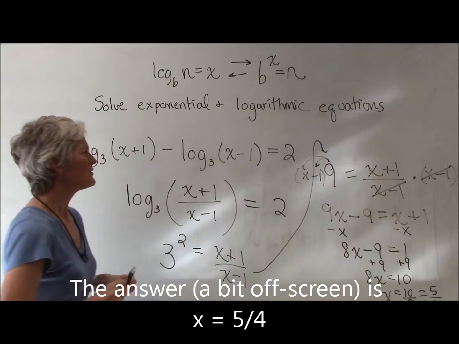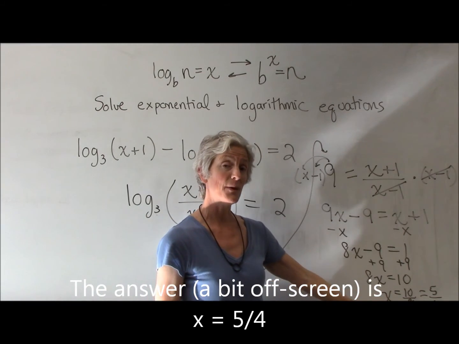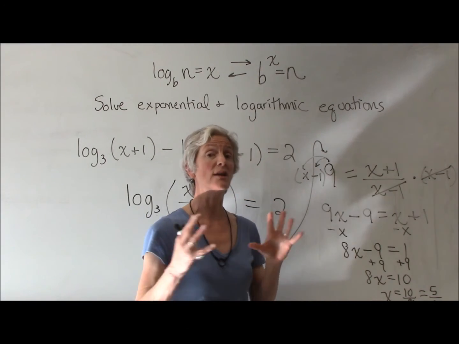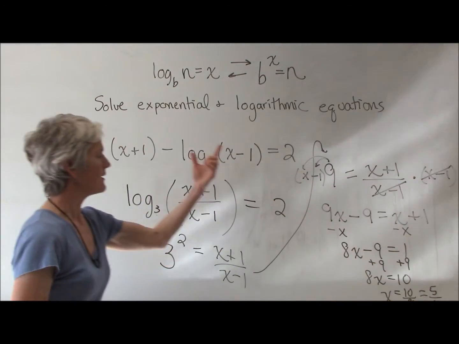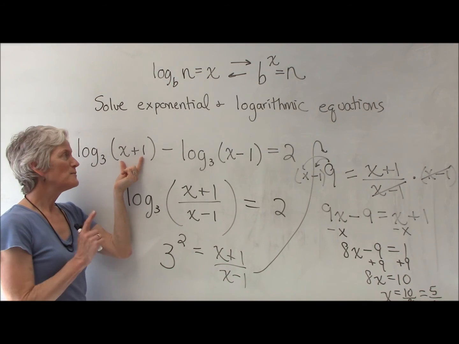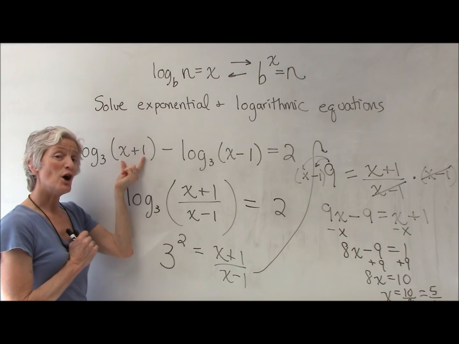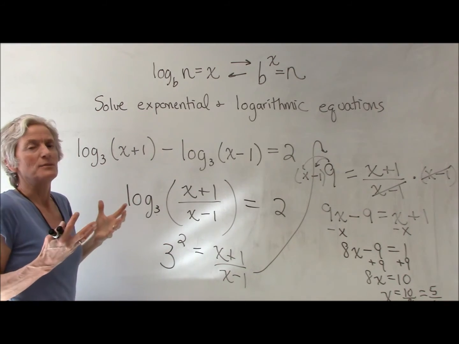Now you always want to make sure that you're not in trouble. Sometimes with logarithmic equations you can end up with what we call extraneous solutions. So I'm just going to do a quick check here. If I were to put 5/4 in here, I want to make sure I'm not taking the log of a negative number, because as we've discussed before, that's impossible, right?